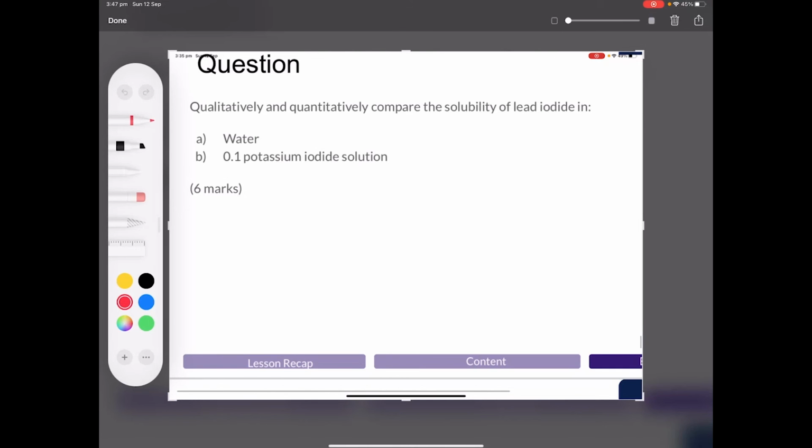Right, let's jump into things. So, Taha, how do you break this one down? So you basically have to compare the values with the KSP to see which is more soluble. Right, my question to you is, you've got lead iodide and you've got it in a potassium iodide solution and in water.